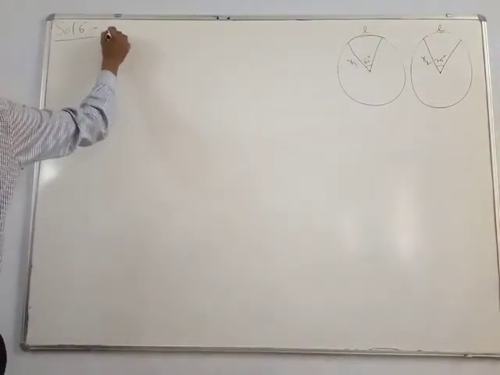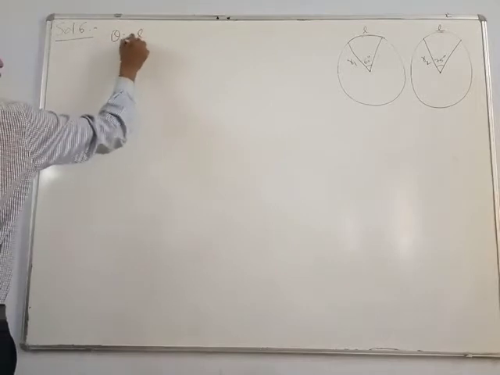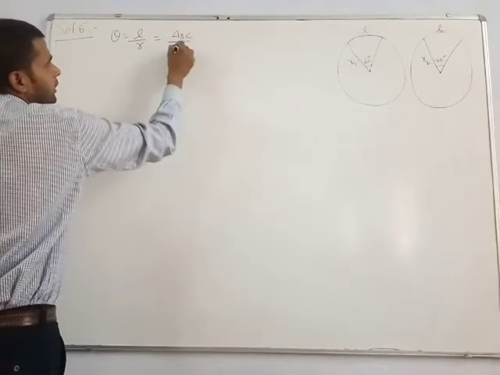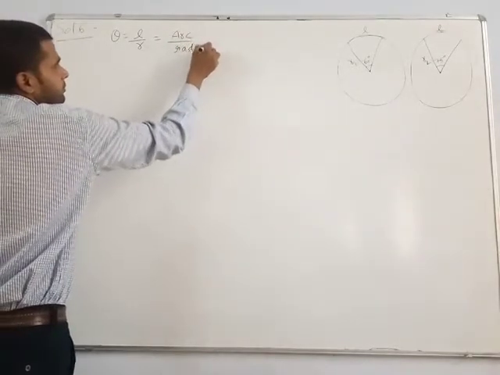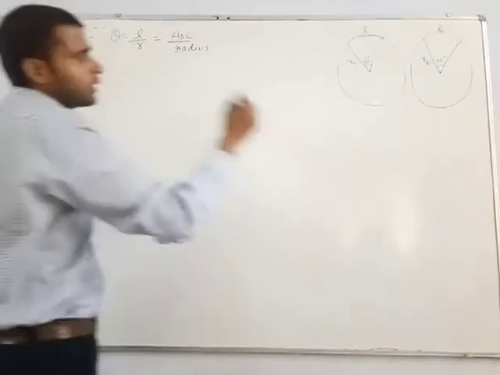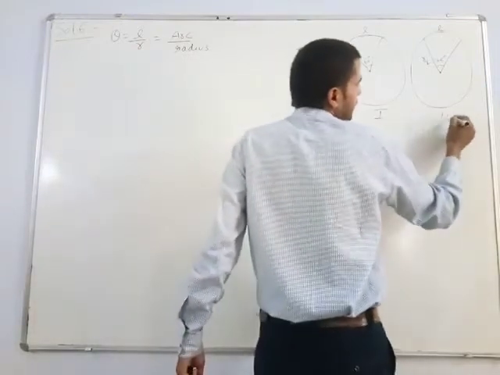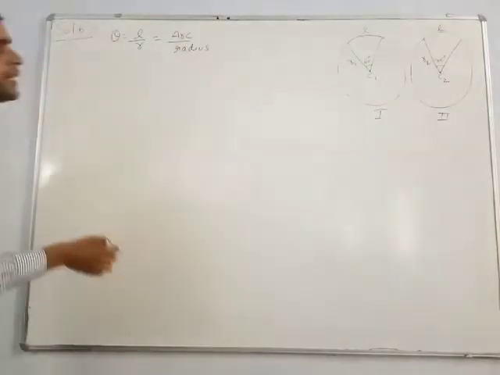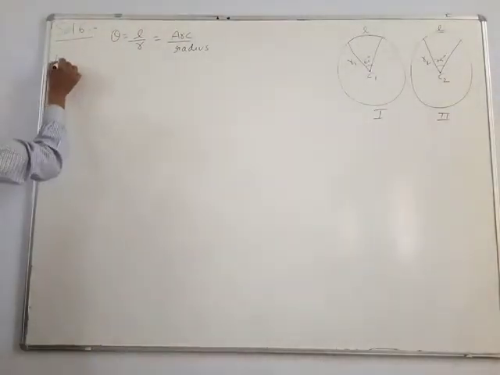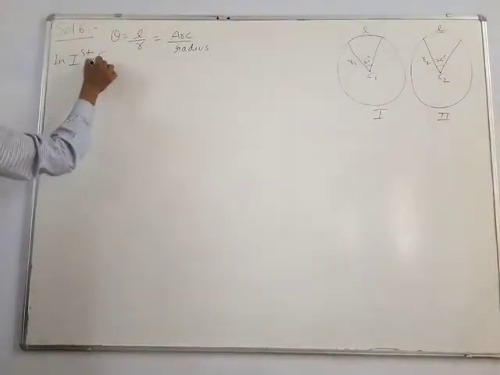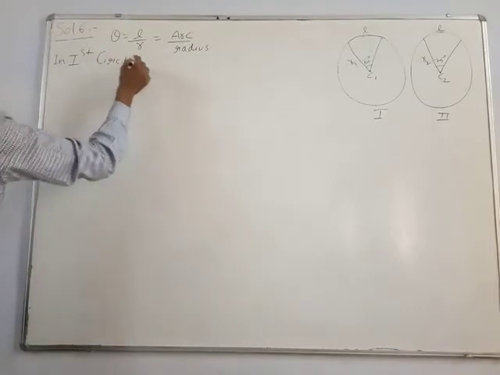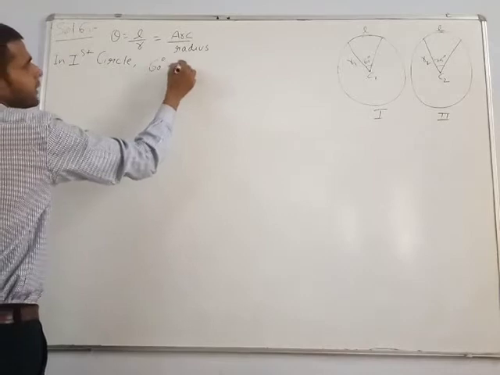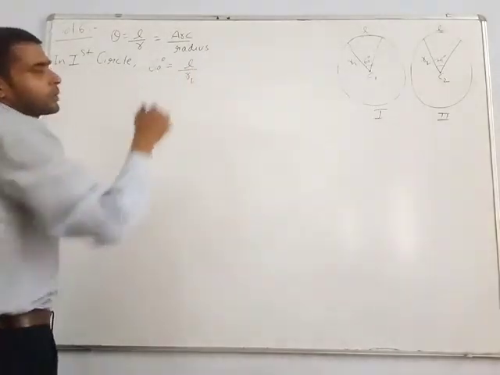In this question, using the formula theta equal to L upon R, meaning arc upon radius, for the first circle C1 and the second circle C2. In the first circle, theta is 60 degrees equal to L upon R1.